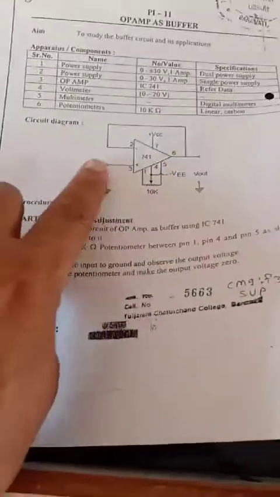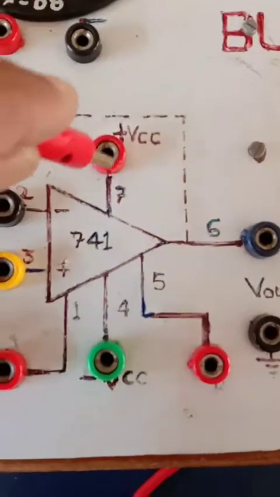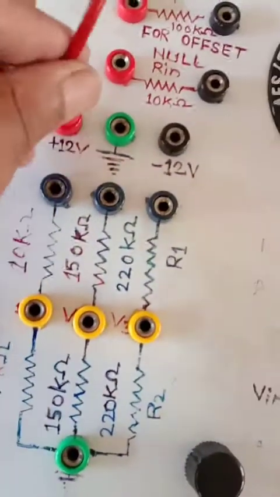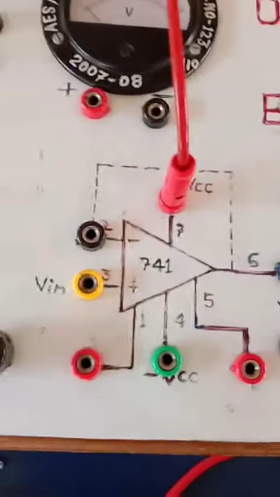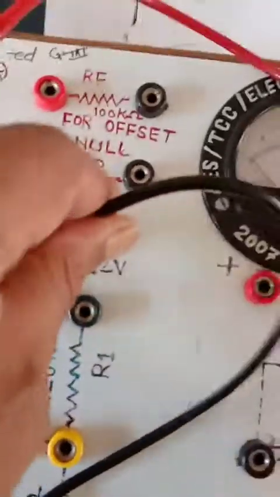First of all we have to connect a dual power supply, pin number 7 to plus VCC. See here, this is pin number 7. We have to connect this pin number 7 to plus 12 volt, that is plus VCC. Then connect pin number 4 to minus VCC. See here, minus 12 volt.